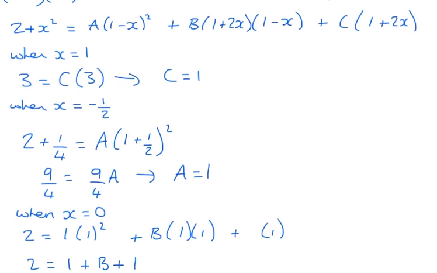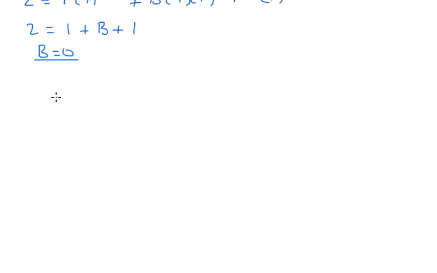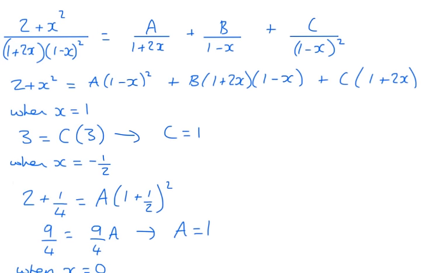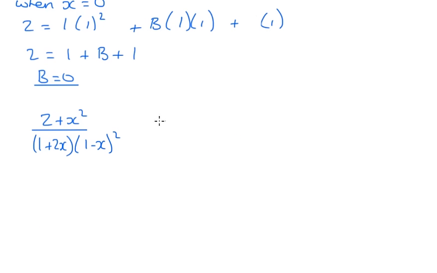So our initial 2 plus x squared over 1 plus 2x times 1 minus x all squared can be written as 1 over 1 plus 2x.